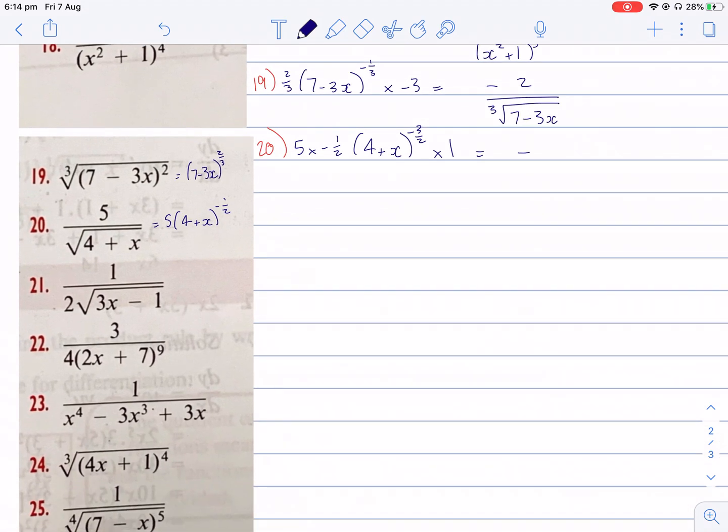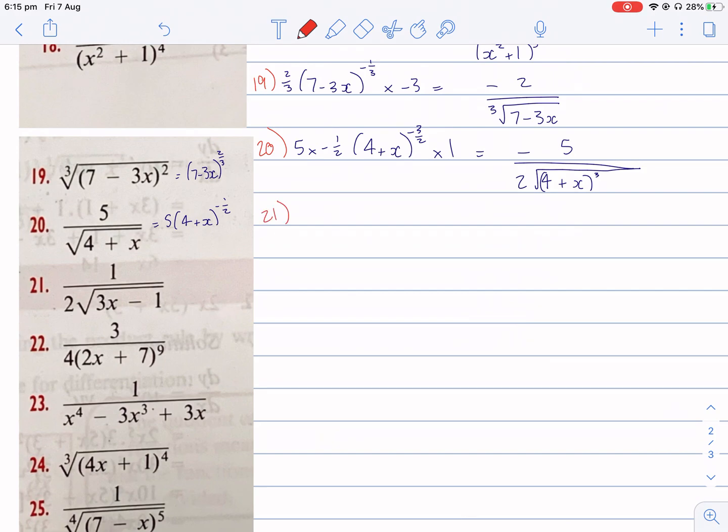So we've got negative 5 over 2 root 4 plus x to the 3. So the 5 on 2 is fairly self-explanatory. The square root is because it's 2 on the bottom, and then to the 3 is because it's 3 on top of that fraction.